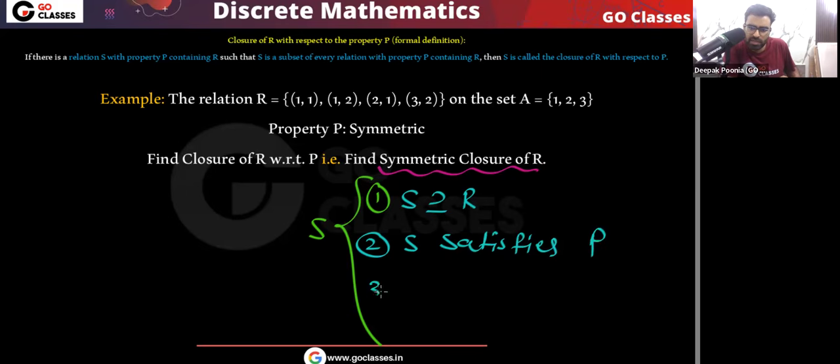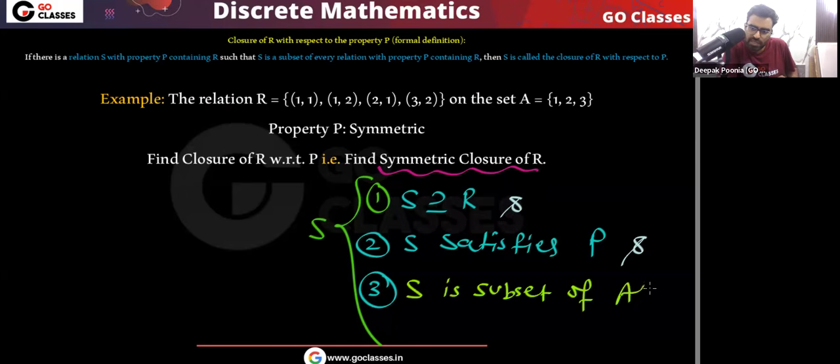S satisfies property P. And third, S is a subset of all relations that satisfy 1 comma 2.